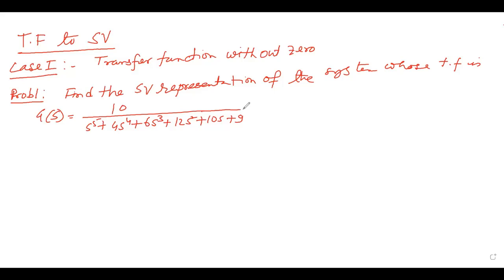Find the state variable representation of the system whose transfer function is given by this.